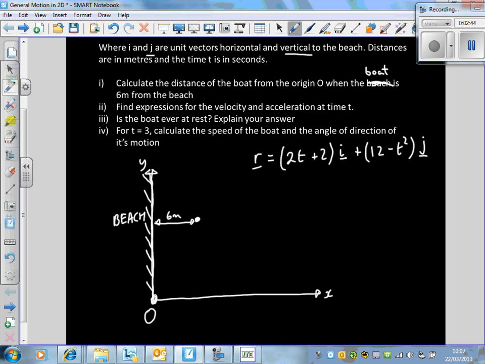So how could we work out the distance of the boat from the origin? We need to work out this distance. So, little problem. Any ideas?